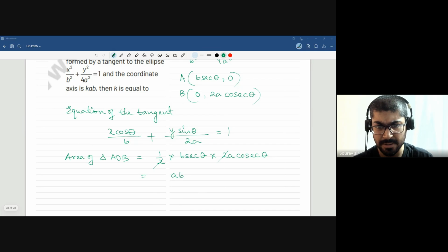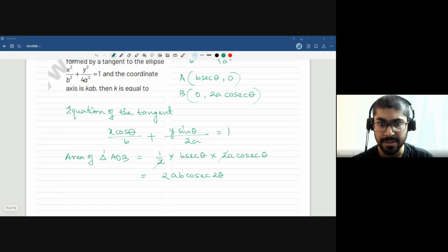So which is, wait, this is 1 by sin theta cos theta, right? So that is 2 by 2 sin theta cos theta. So 2ab cosec 2 theta. Okay. Now what is the maximum value of cosec 2 theta? Of course it will be 1.